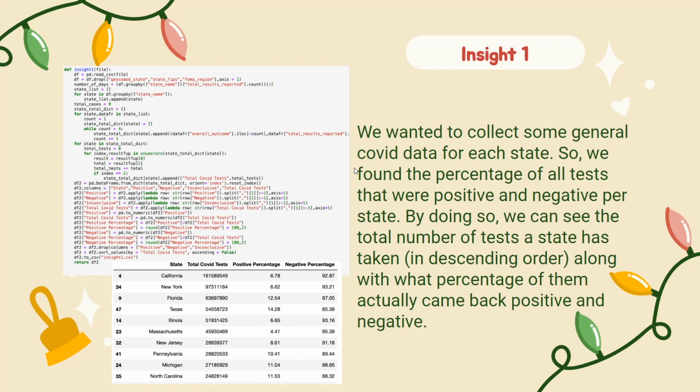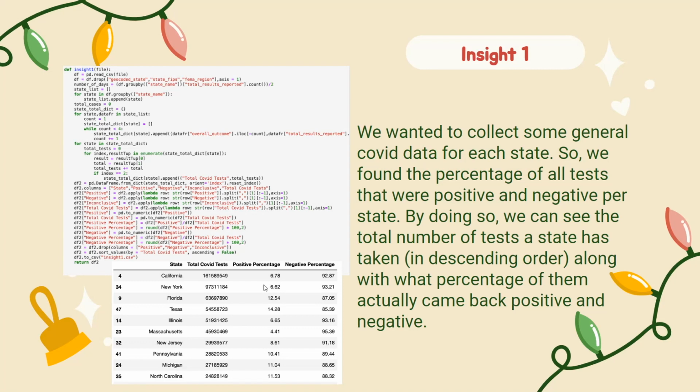So we found the percentage of all tests that were positive and negative per state and ordered it in descending order of those tests. Through this, we're hoping to see the number of COVID tests that each state has, what percentage of them are positive and negative, and what implications that has. One thing that's important to notice is that both California and New York, though there are some other ones distributed throughout here, have the most COVID tests and also extremely low percentages.